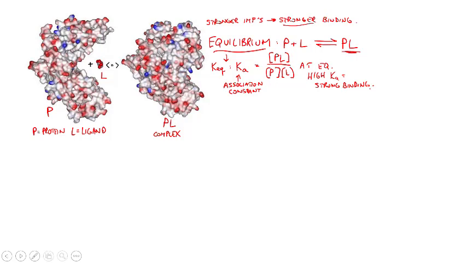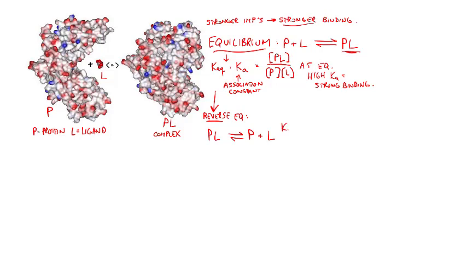But Kas are actually kind of inconvenient. There's a better way to describe the strength of our binding interaction. This may seem counterintuitive, but let's look at the reverse of this equilibrium. Instead of protein and ligand binding, let's start with our complex and look at its dissociation.